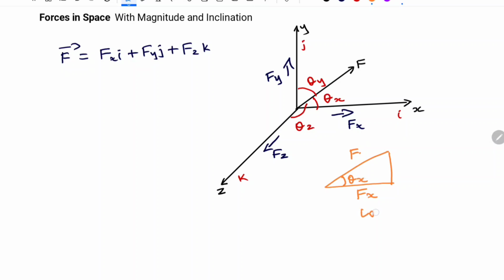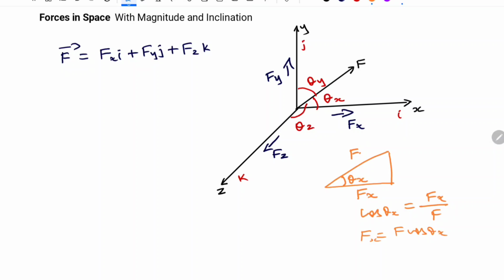If I take cos delta x, then I will get Fx divided by F. So Fx is equal to F cos delta x.